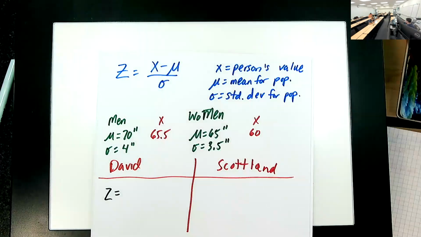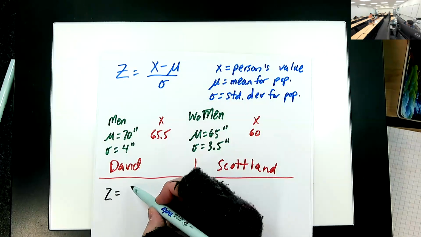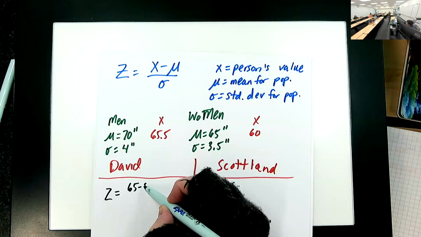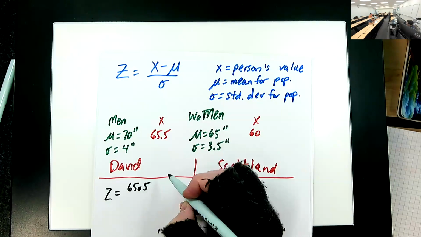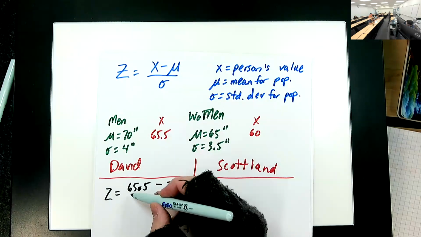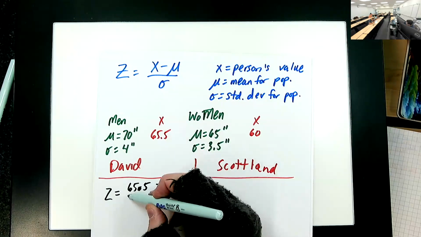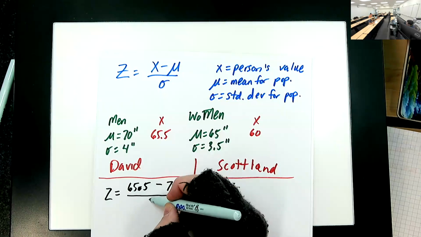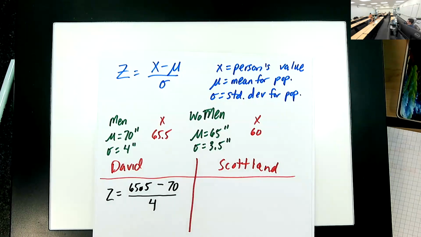Let me move it that way. Now that I got what I needed off of it. X, which is my score, minus mu, which is that height. I'm not going to put the inches there because it's cluttering things up. And standard deviation score.